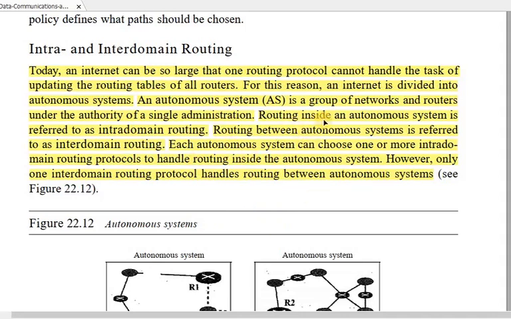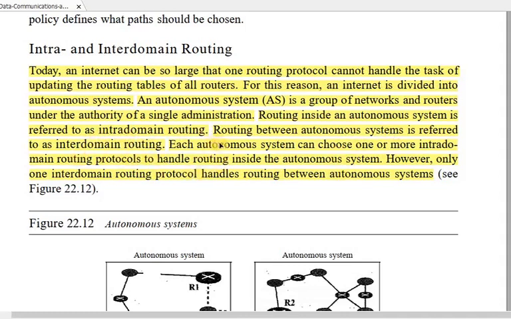Routing inside an autonomous system is referred to as intra-domain routing. All the routing that happens within a single autonomous system is termed intra-domain routing, and routing between different autonomous systems is referred to as inter-domain routing. So this is the difference between intra-domain and inter-domain.